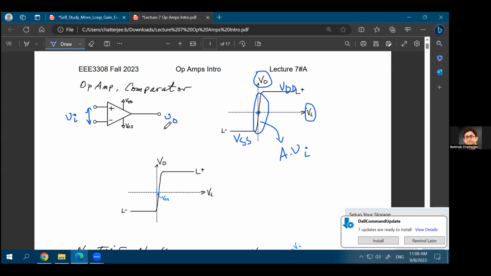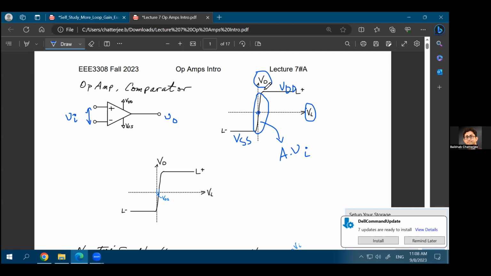Because in any electronic circuit, you cannot create a DC voltage which is higher than VDD, and you cannot create a DC voltage which is lower than VSS. In certain scenarios, you can create an AC voltage which is higher than VDD, but again, we'll not go into those details.